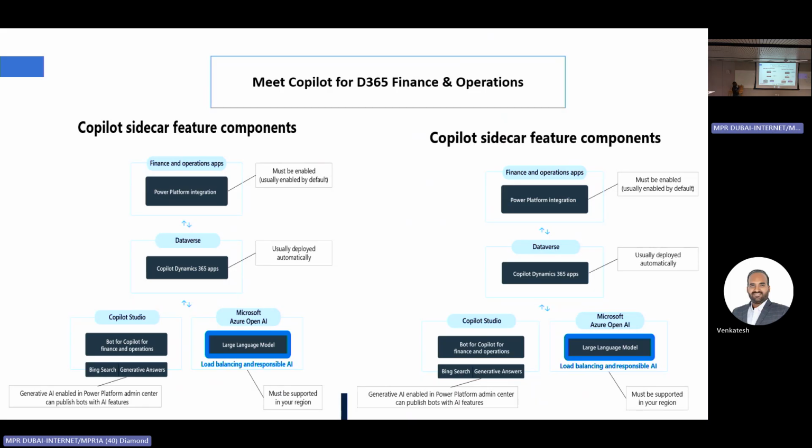Then we also have the Copilot summary feature, and what it does is, right on Dynamics, there are some major forms where you have a summary. Take, for instance, the vendor page. On vendors, you want to see how many transactions we have with this vendor, or what is the vendor balance.